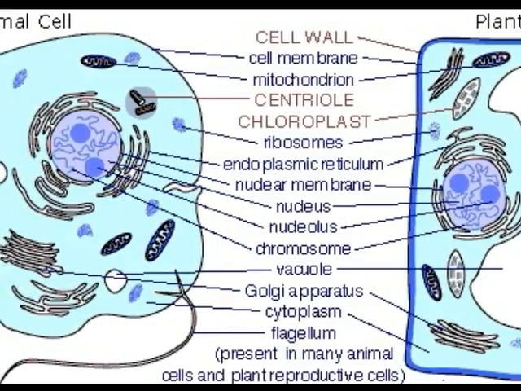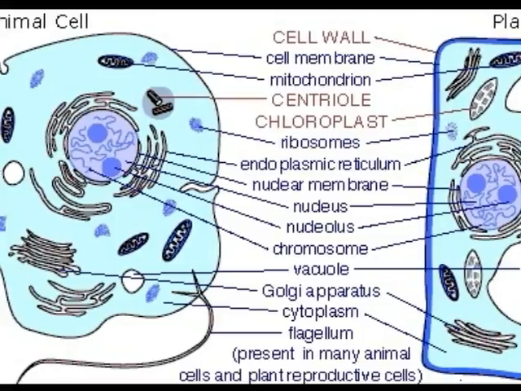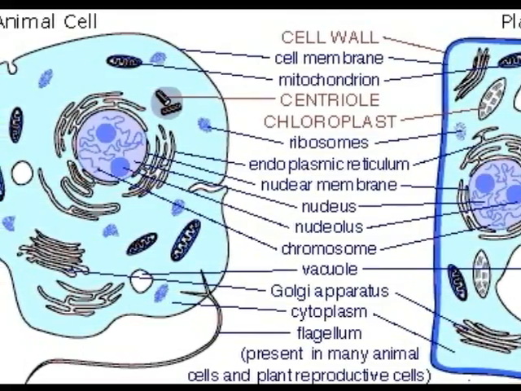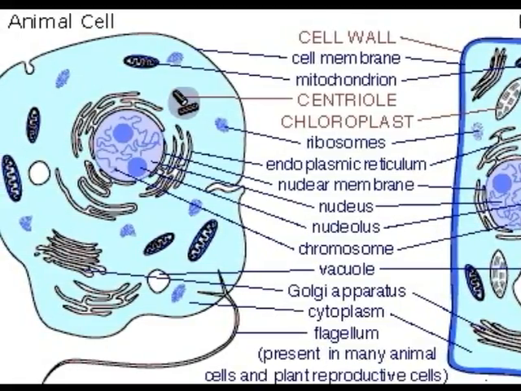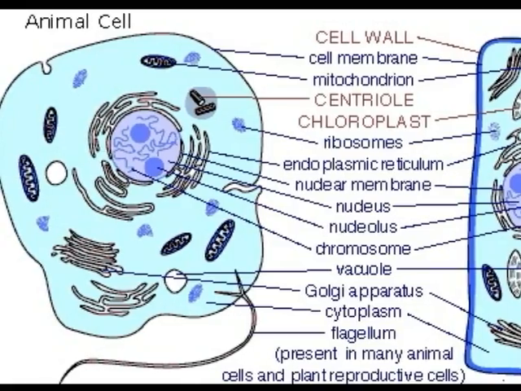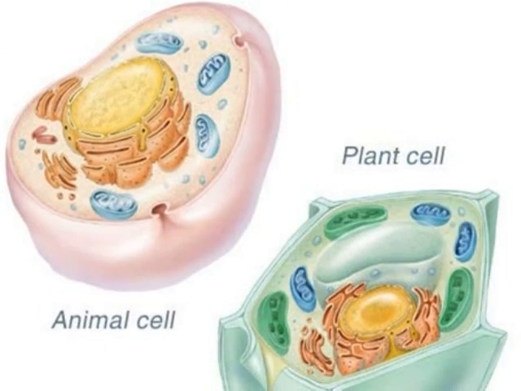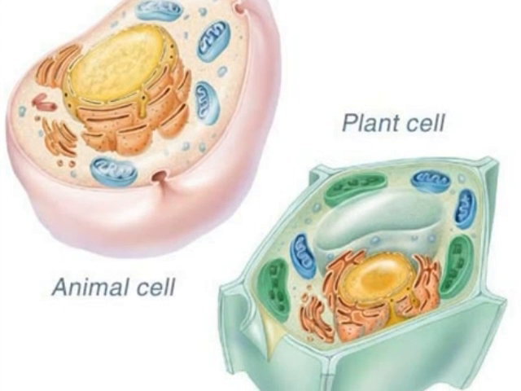We don't have a central vacuole. We don't have a smooth or rough endoplasmic reticulum, but they do have. And also, we don't have a cell wall. If we did have a cell wall, our skin color would be green. Well, I hope you get the whole idea of the cell and its functions.